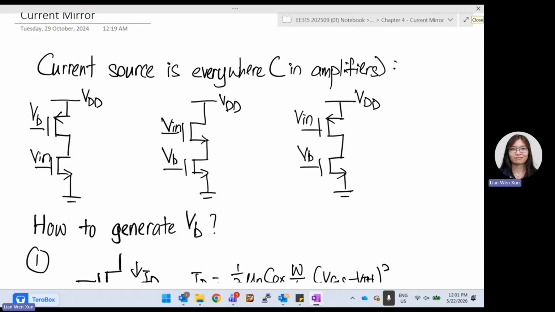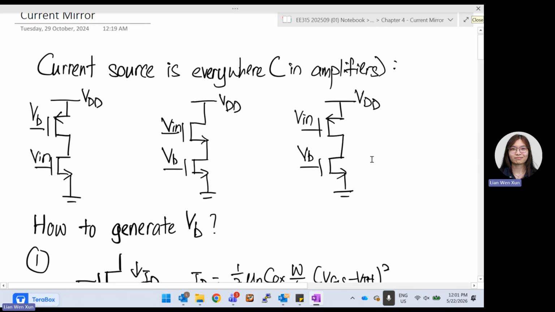So it looks like everywhere there is a current source. Current source as in, you see, this is generated by VB. Transistor is actually a voltage to current converter. So you pump in voltage, it gives you current. So basically we need some current here, here and here. So current is everywhere in amplifiers.